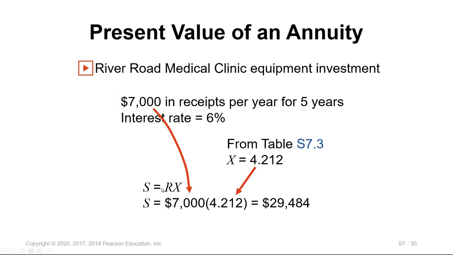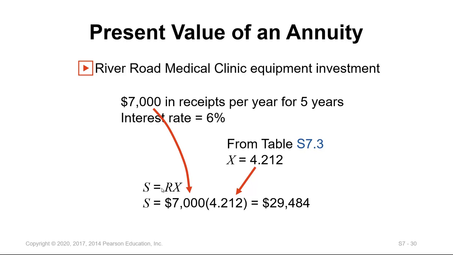This example is about River Road Medical Clinic, which is thinking of investing in a piece of equipment that will generate 7,000 per year for 5 years, considering an interest rate of 6% and the value of the factor at 5 years, which will equal, from the previous table, 4.212.